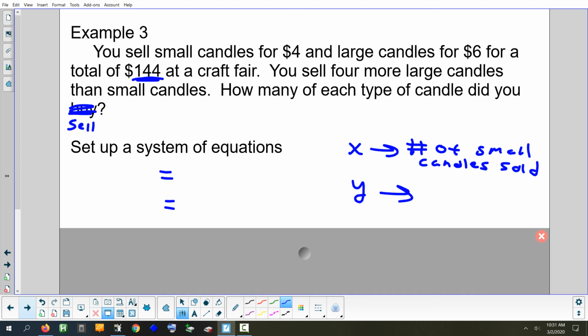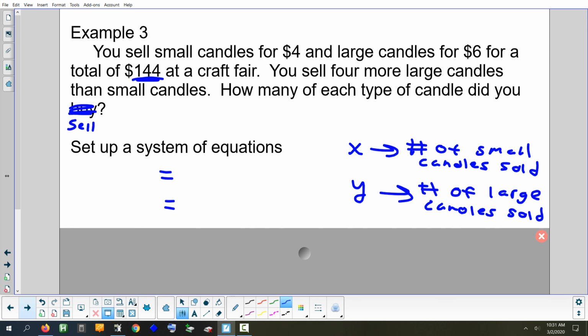What about Y? What's something else we don't know that they're asking us to find? Yep. So Y is number of large candles sold.